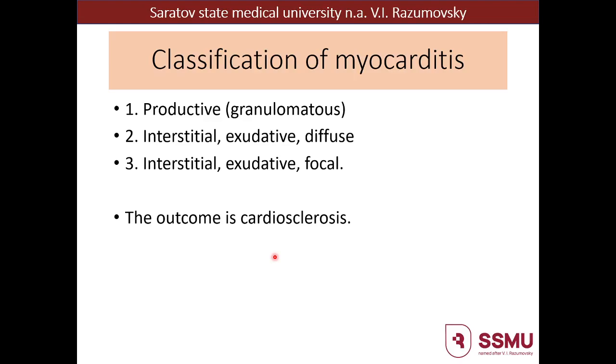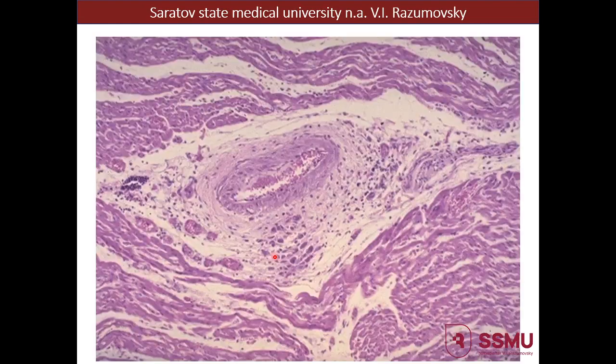The interstitial and exudative type of myocarditis may be diffuse and focal. But in the outcomes of all these processes, we may see cardiosclerosis, or formation of connective tissue in the heart.